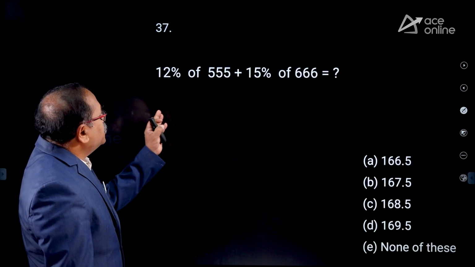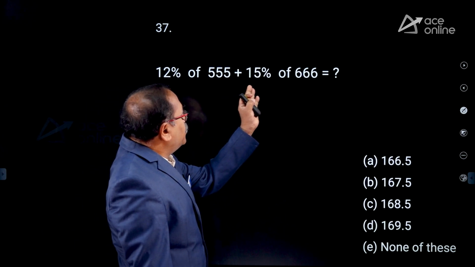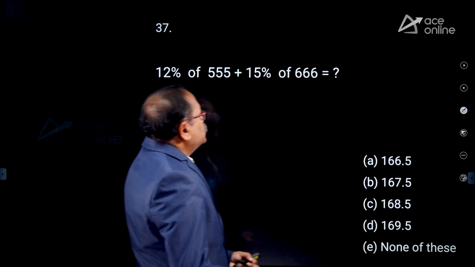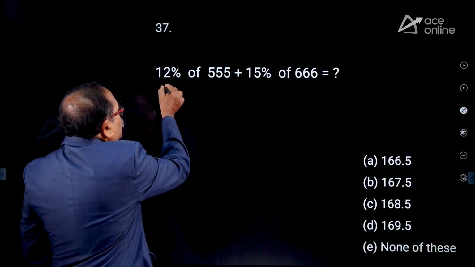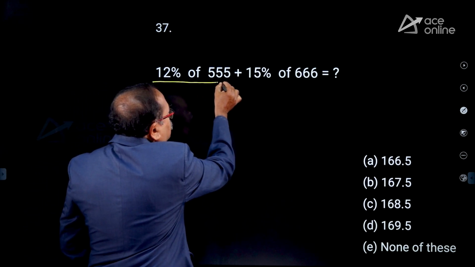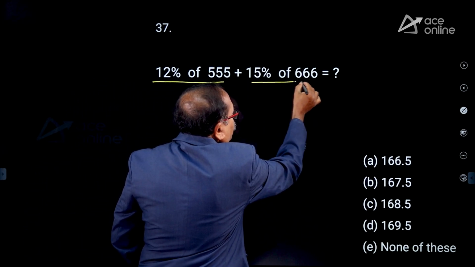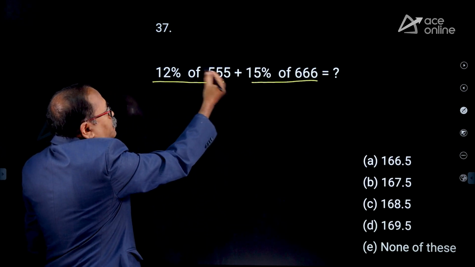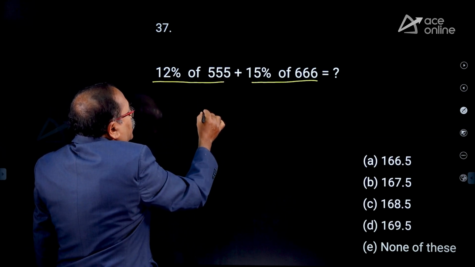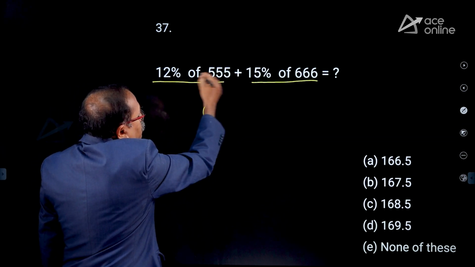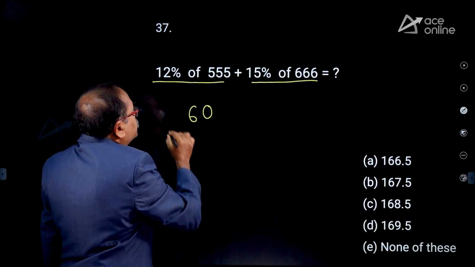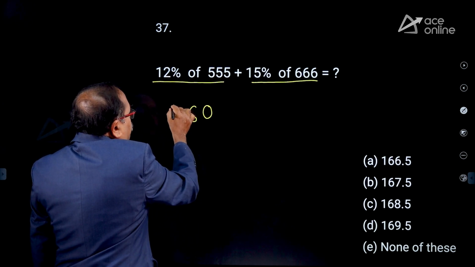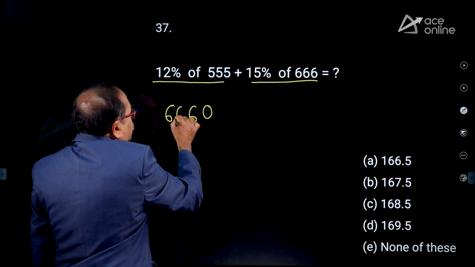Here, 12% of 555 plus 15% of 666. So obviously I need to work out this part first and then work out this part. So 12%: 12 fives are 60, carry 6. 12 fives are 60 plus 6 is 66, and again 60 plus 6 is 66.